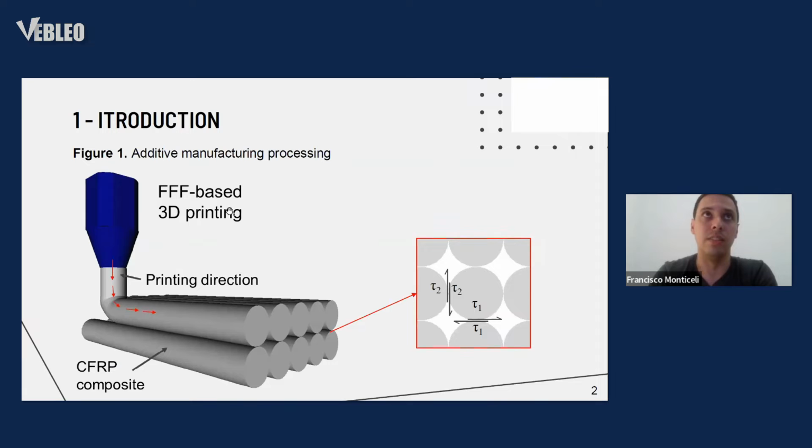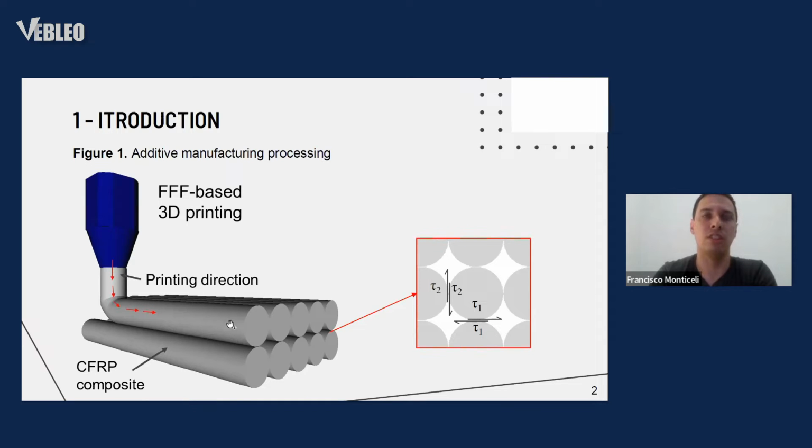And this process could carry out a 3D complex geometry without sacrificing the structural performance. In this image, we have an example of an additive manufacturing process, the FFF, based on 3D printed fused filament fabrication. Here we have the injection, the printing direction, and the composites.